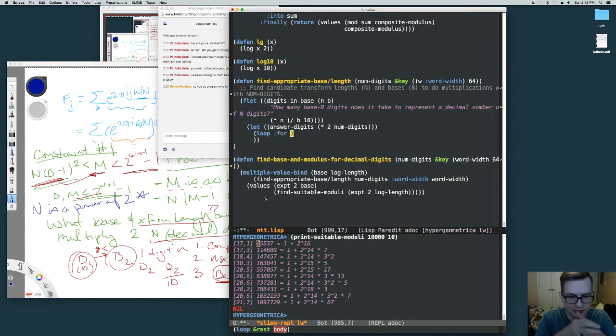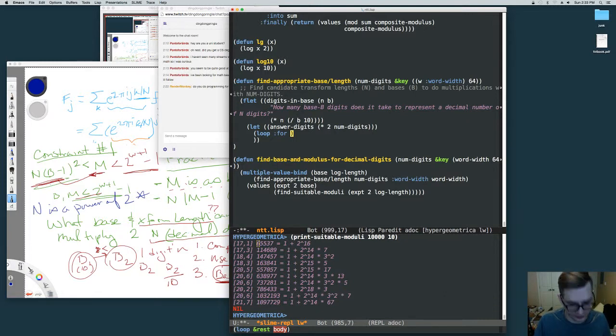So we can start by looking at different powers of 2 and choosing different bases to satisfy that. So we're going to loop through n, because n has fewer candidate choices.